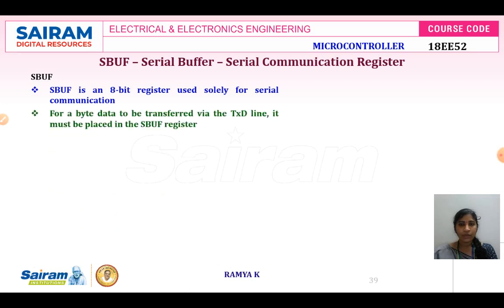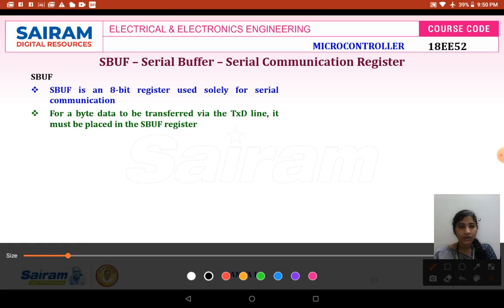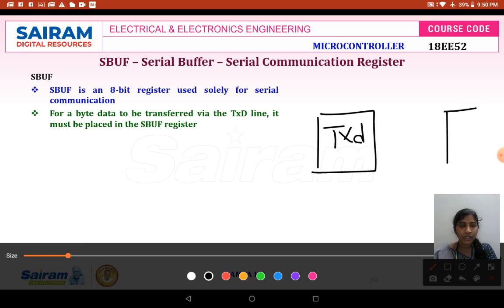For a data byte to be transferred via a transmission line, you can consider one transmitter and one receiver. The transmitter is represented with TXD. Here data will not be available as a whole in this transmitter.